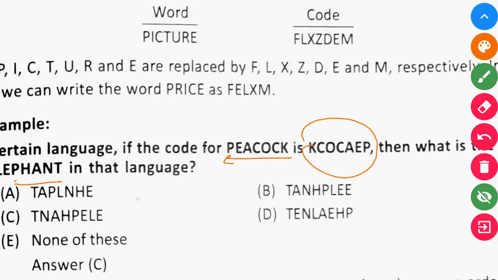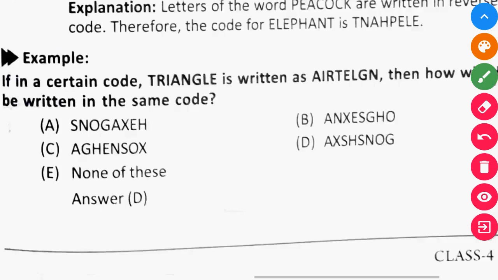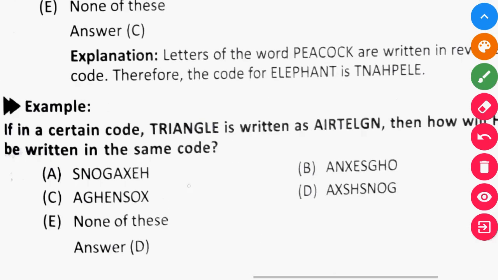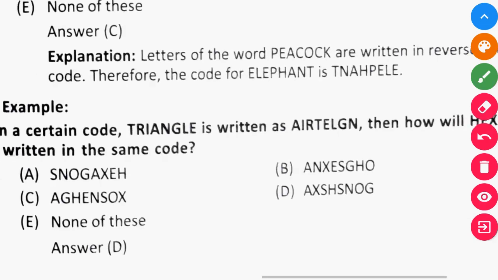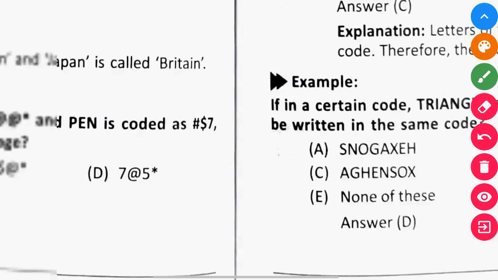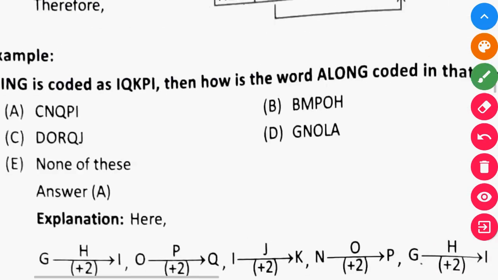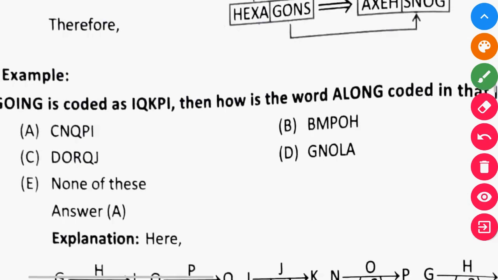So you have to just reverse the sequence of the letters given in elephant. So it will be the C answer. Again, triangle is written as ERTELENGN, and you have to find the hexagon code. Identify the sequence and get the answer.